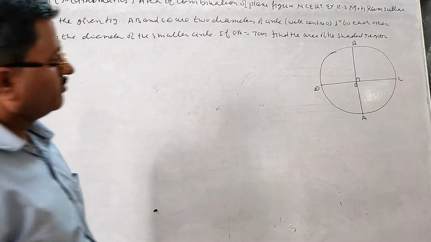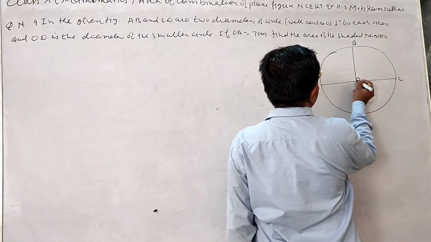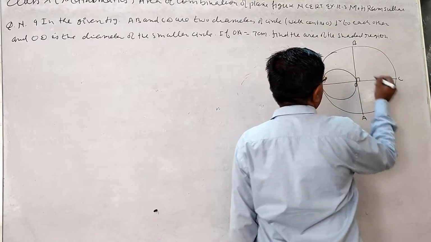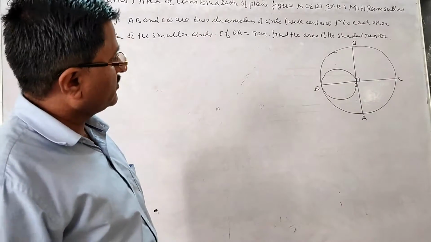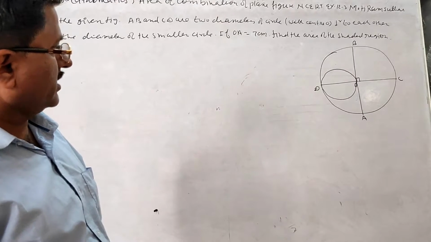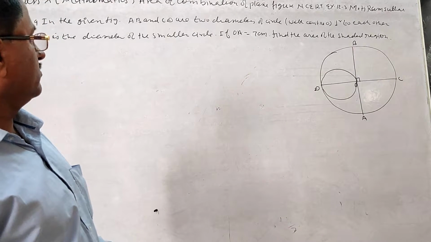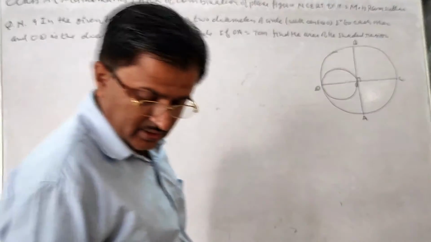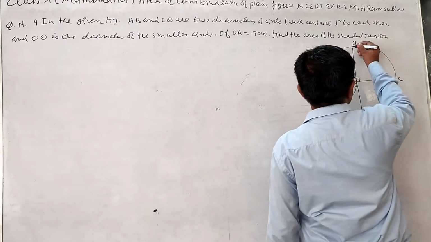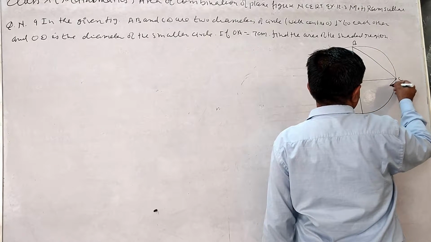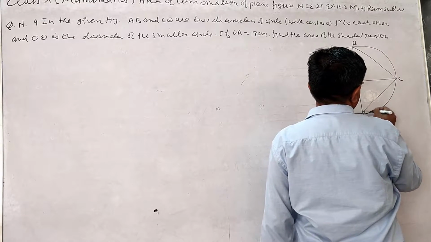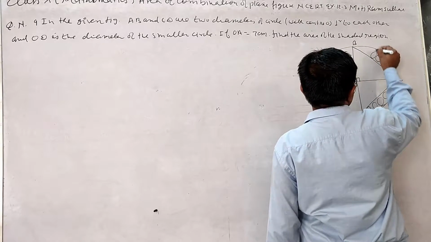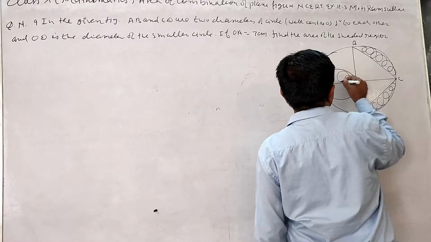And also say here we have one more circle of which OD is a diameter. Then find the area of the shaded region if OA equals 7 centimeter. Clear? So here also it is joined B to C. And you have to find the area of this shaded region. This is the shaded region and also this.